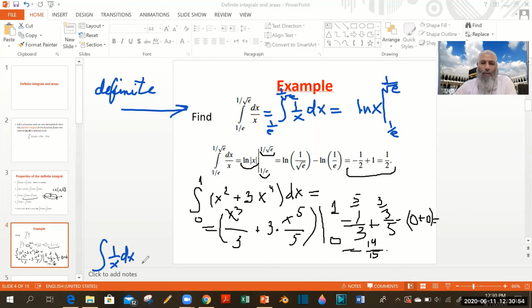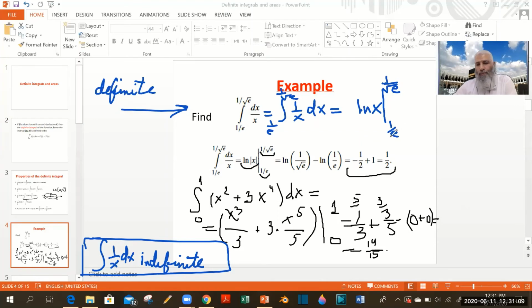So this is indefinite. But it is definite when we define the interval, from what to what. So now we will make this from 1 over e to 1 over root e.